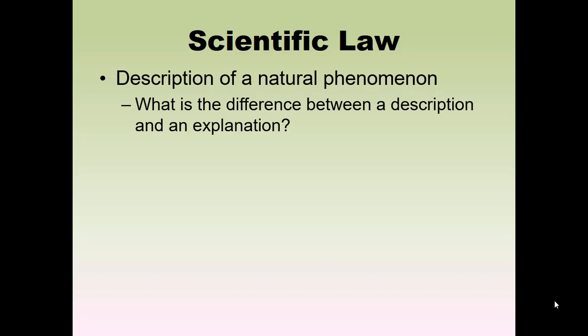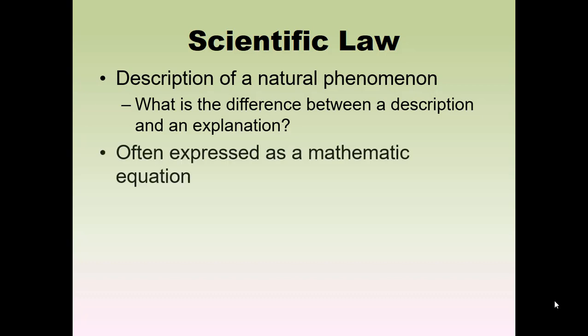And I want you to appreciate that descriptions are describing what something is like or how it behaves, while explanations tell us why something is the way that it is. Okay? Now, scientific laws are typically easy to identify because they're usually expressed as mathematical equations.